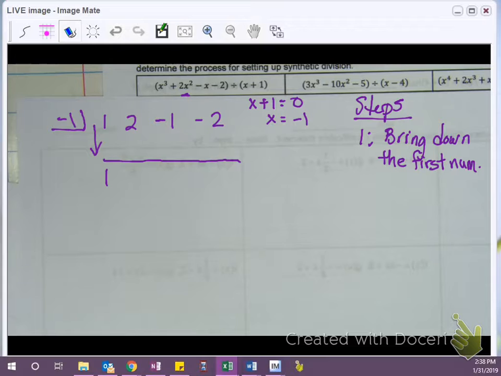You multiply what's in the box times the first term, and you put it in the next column. So negative 1 times 1 is negative 1. You put it in the next column. In long division, you subtract, but in synthetic division, you add. So 2 plus negative 1 is 1.